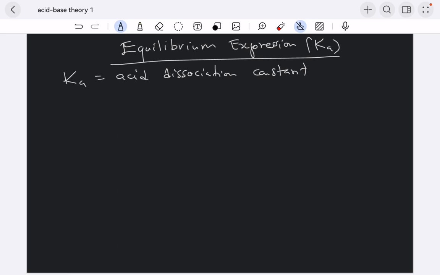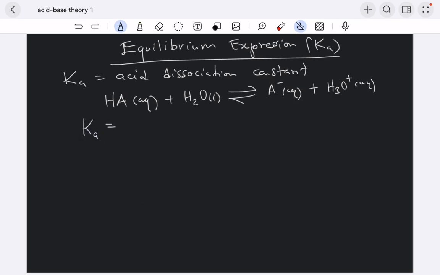When we are provided with the general equation, HA aqueous plus H2O liquid at equilibrium producing A negative aqueous conjugate base and H3O positive aqueous, to determine the dissociation constant, we say Ka is given by the concentration of hydronium multiplied by the concentration of the conjugate base divided by the concentration of the acid, then the concentration of water.